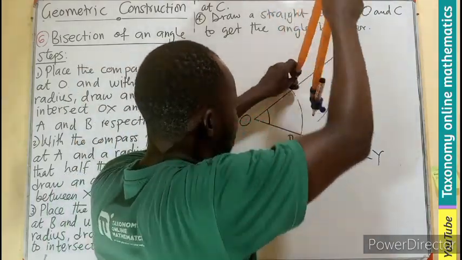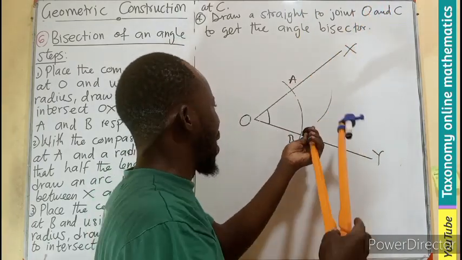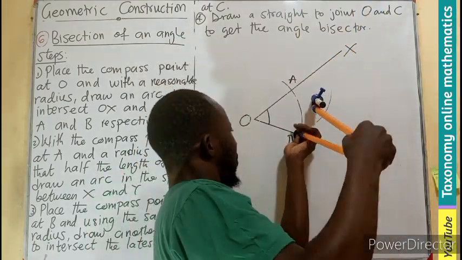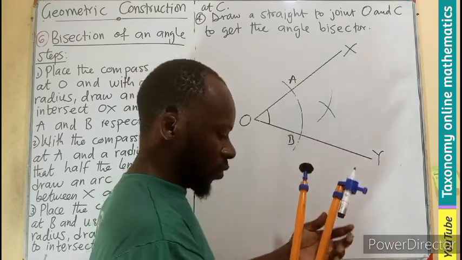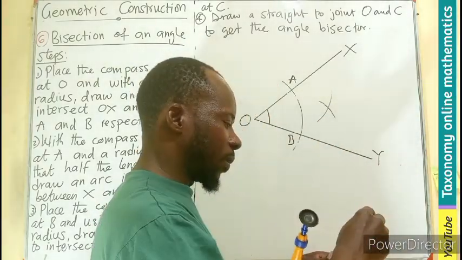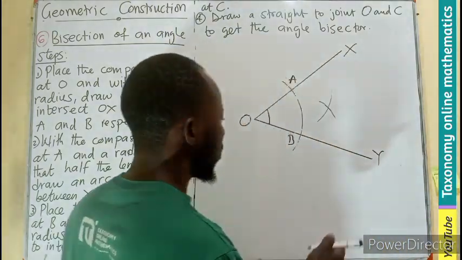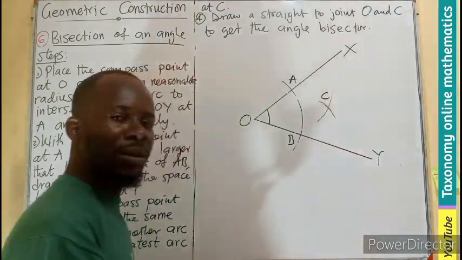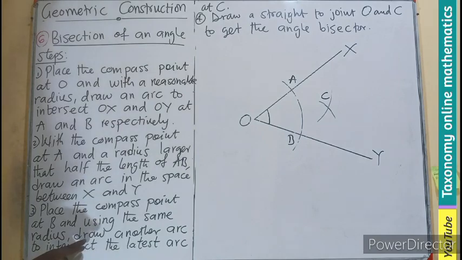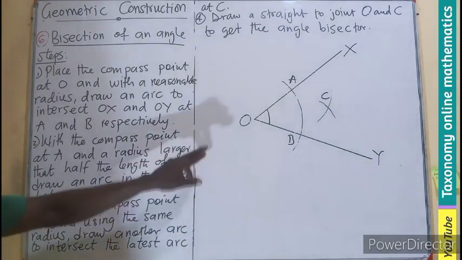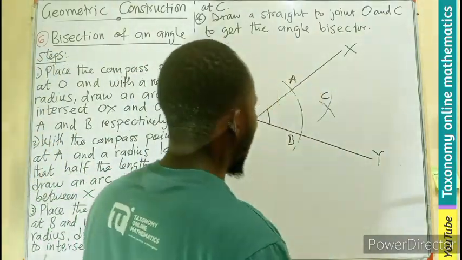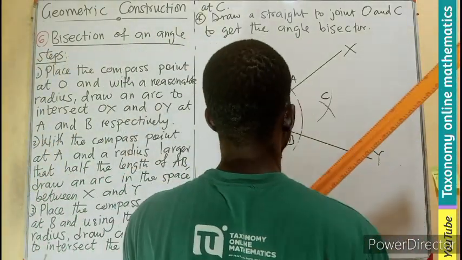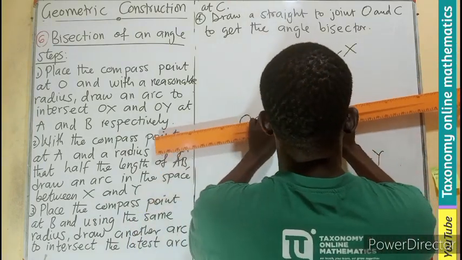Then with the same radius, we come back to the point B and intersect. So the point of intersection will now be labeled C, right? So draw another arc to intersect the latest arc at what? C. So we are now going to join that OC to form the angle bisector.